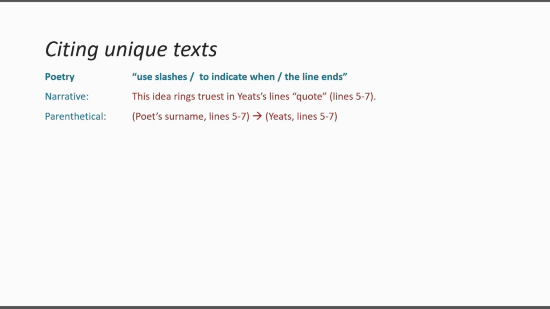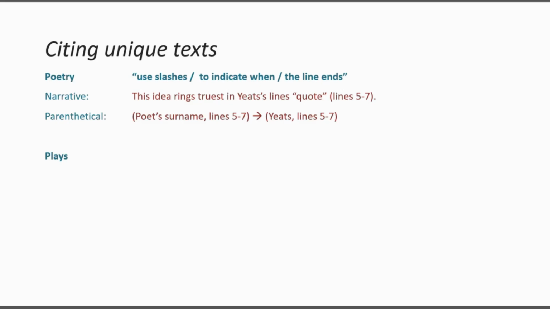Otherwise, the numbers would appear to be page numbers if we didn't give the word lines, and that's not correct. However, MLA advises that once you've established that you're referring to lines, you don't need to continually repeat the word lines in every citation. It should be clear, okay, you're talking about poetry, and it's always going to be that line number.